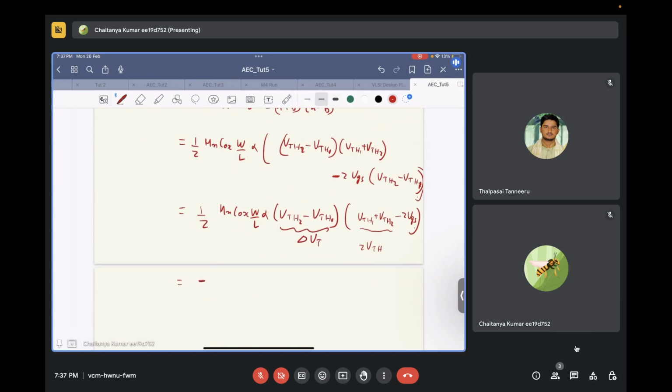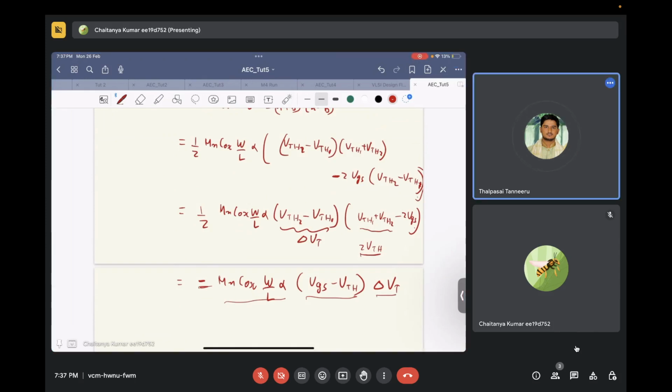So you have minus mu n Cox W by L times alpha times (VGS minus VTH) times delta VT. I have written this as 2 VTH, this was 2 minus 2 VGS, so minus 2 I have taken common. Minus 2 will be cancelled with half to just give minus. Do you get this? Yes, sir.